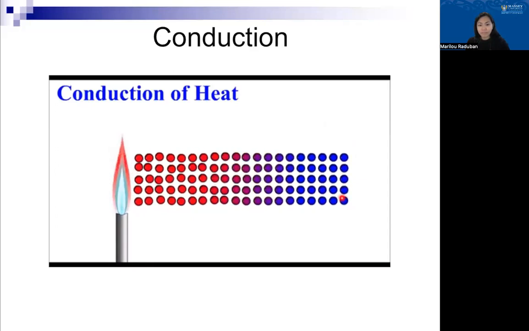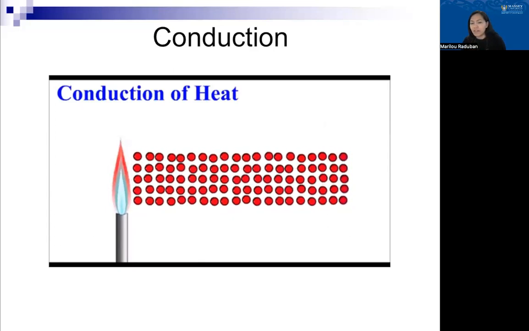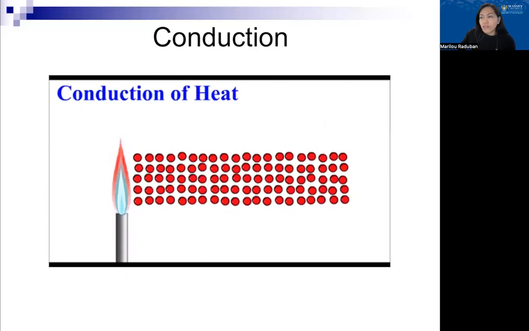Right? So that's the visualization of how heat is transferred via conduction from a hot object to the cold object. It happens microscopically inside the material. Does that make sense?